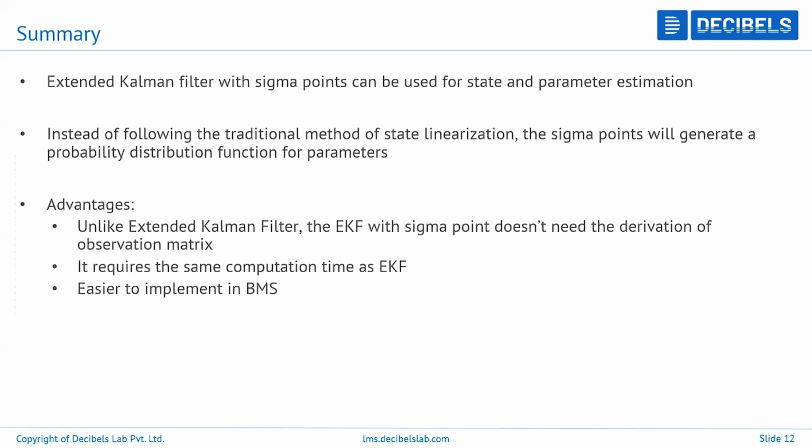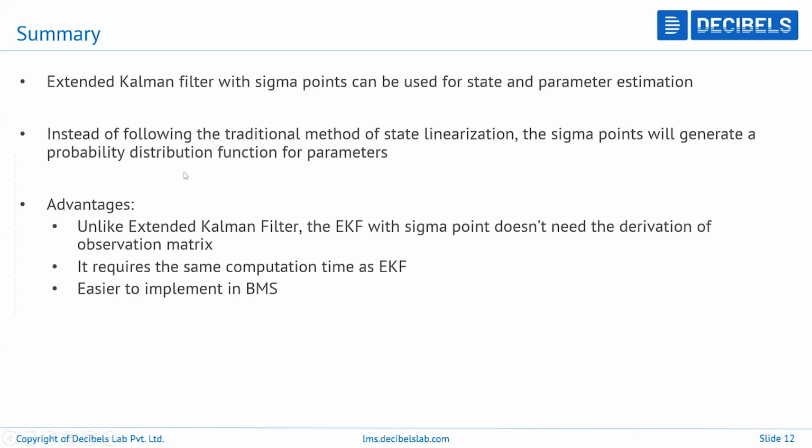Earlier, the regular extended Kalman filter only provided the state, but in this, along with the sigma points, which is a statistical approach, we go for parameter estimation as well. Instead of following the traditional method for state linearization performed in your EKF, your sigma points will generate a probability function. So this is more towards the statistics part.